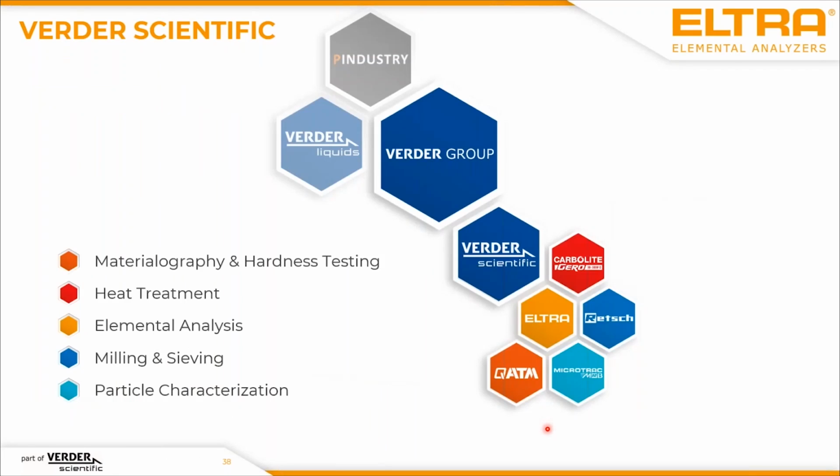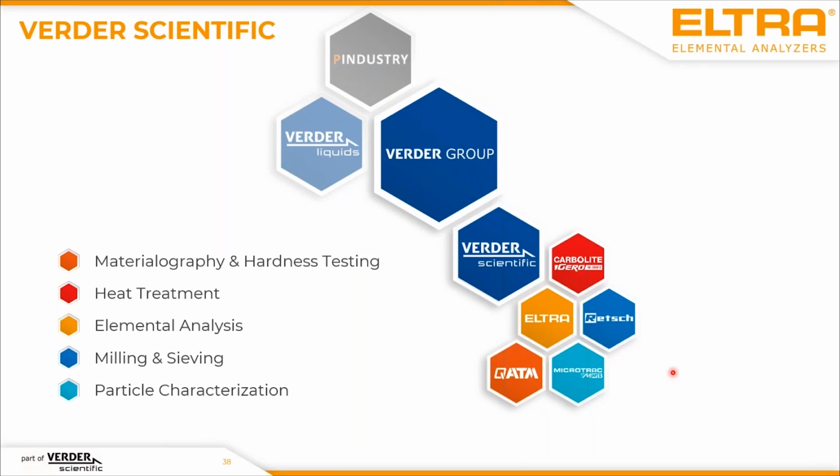Okay, before I come to the very end of this webinar, I just want to give you a brief overview of the Altra structure. Altra is on the market since 1981 and part of the Verder Scientific Division, which is a group of companies in the research industry.